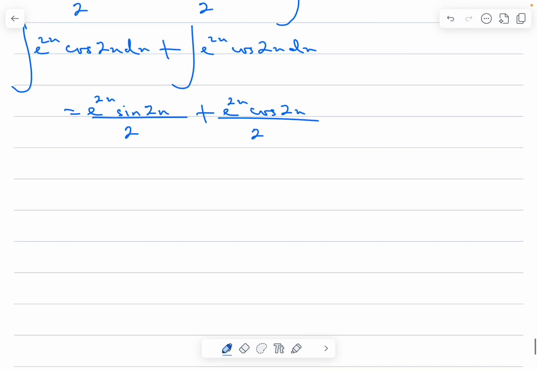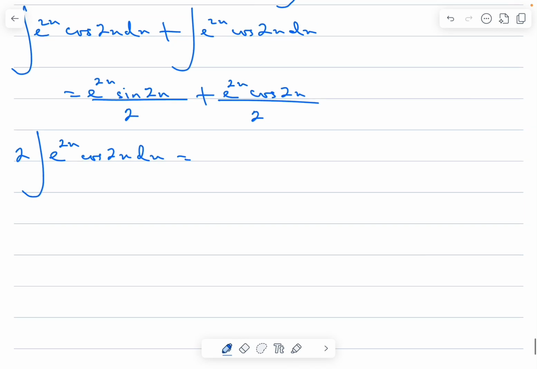And that simply means 2 times the integral of e raised to the power 2x cos 2x dx is equal to e raised to the power 2x sine 2x plus e raised to the power 2x cos 2x over 2.